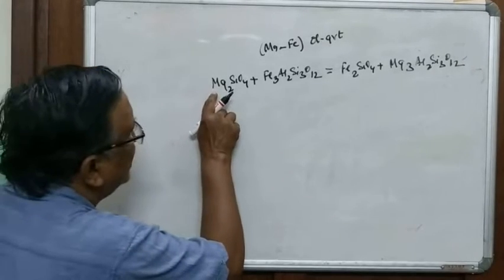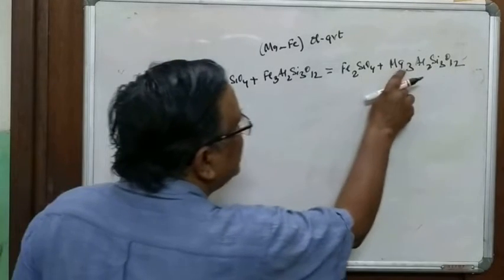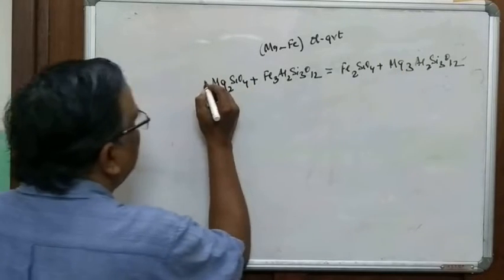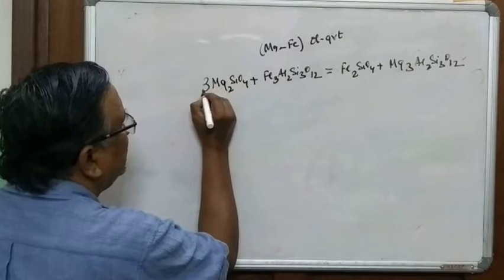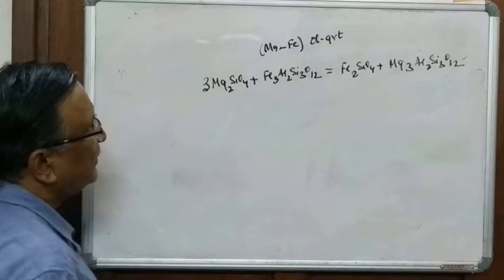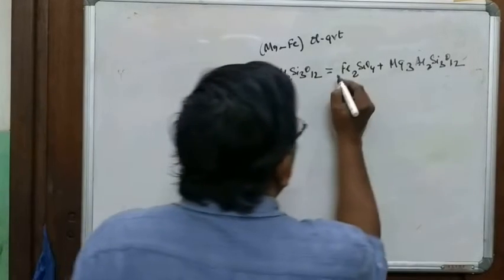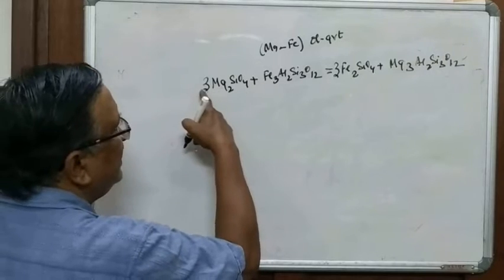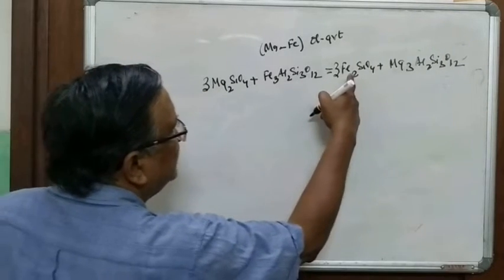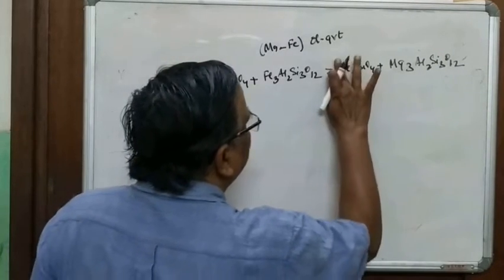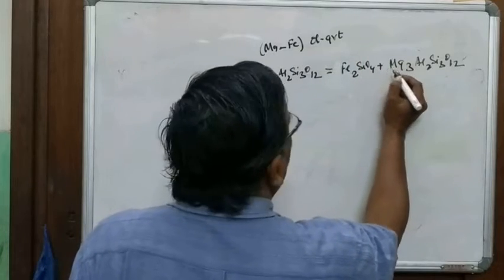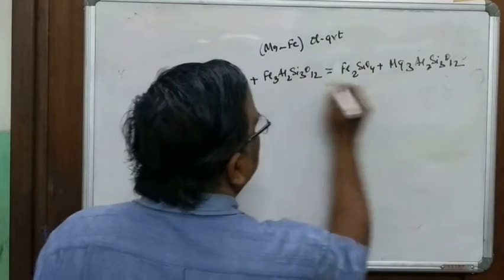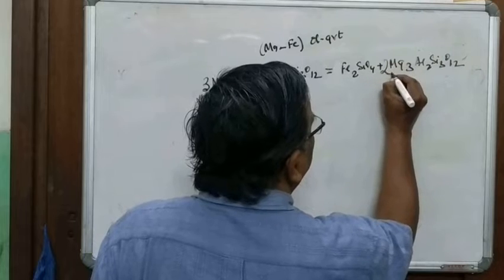You see here Mg2, here it is Mg3. If you have to balance it, you have to multiply it by 3. And here you also have to multiply by 3. But then, if you multiply this one, you have to multiply this by 3 into 2, 6, and you have to multiply this by 2.